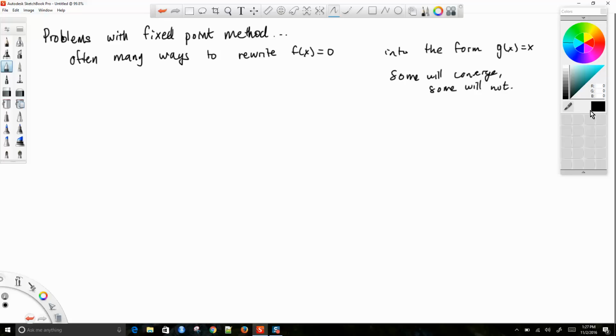And it can be frustrating because someone else rewrites it a different way and then theirs works, but the way you rewrote it didn't work.